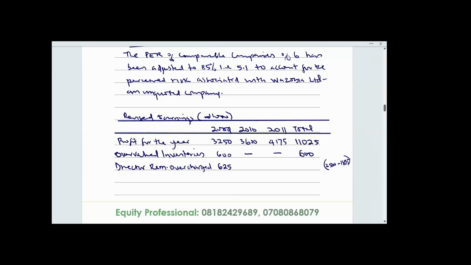In 2010, the company charged directors' remuneration of 2,900 instead of 1,875. What's the difference? 1,025. In 2011, 3,000 was charged instead of 1,875. What's the difference? 1,125. Add up the three together: 2,775.